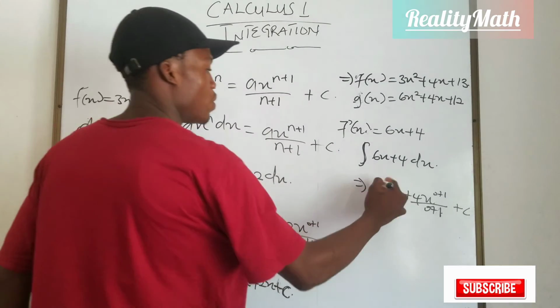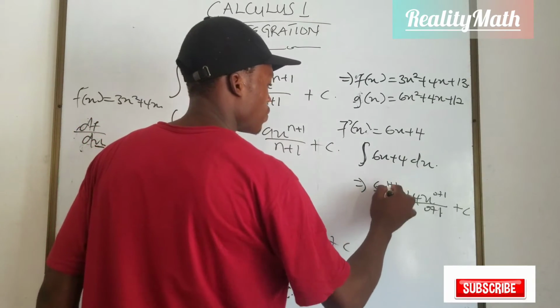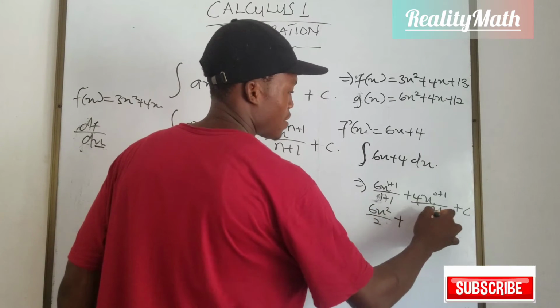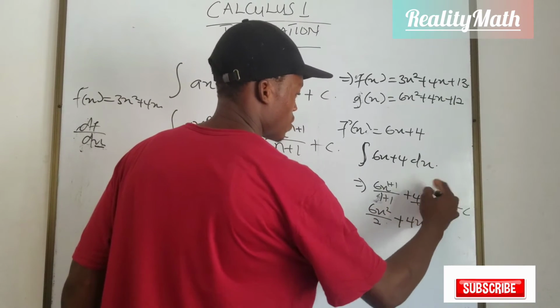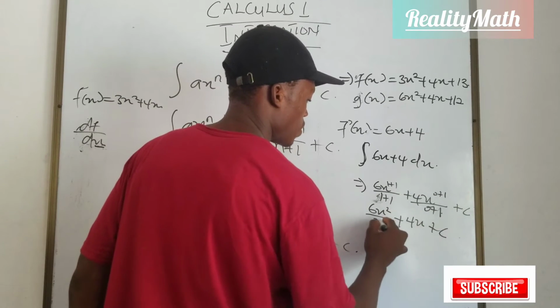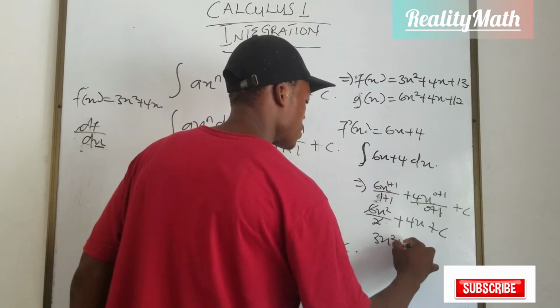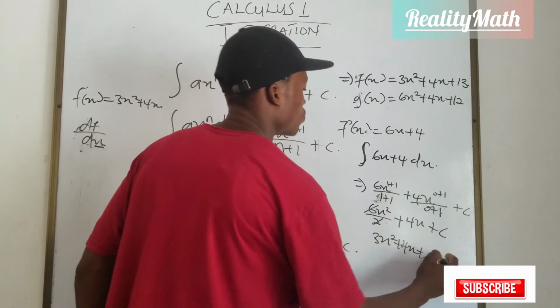So what are we having? We are going to have 6x squared all over 2 plus 4x plus c. This takes away this, giving us 3x squared plus 4x plus c.